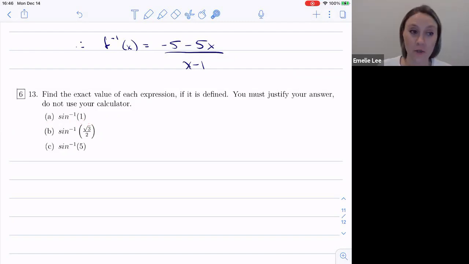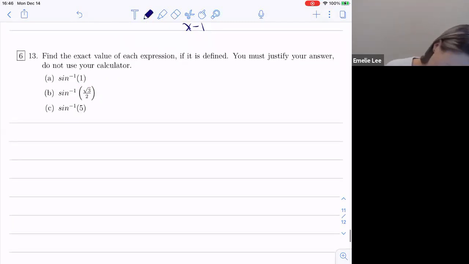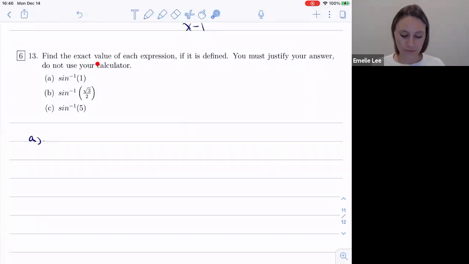13a and then 14a. Here we go. Find the exact value of each expression if it is defined, and then I don't want you to use your calculator, which is sneaky, right? And it's using the inverse of these functions.